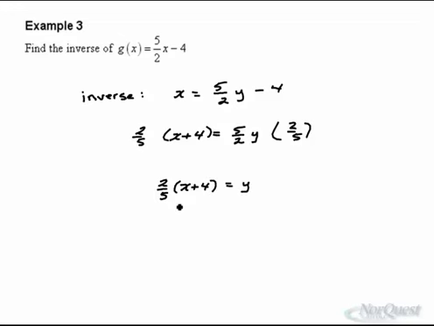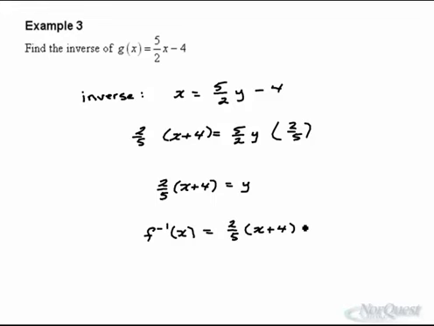And since this is a linear function, it's a degree 1, we know that this thing would be a function without even graphing. You could graph it on your calculator to check, but if it's a function, you're allowed to use the notation that identifies it as a function. So I can write this as 2/5 x plus 4. And that's what my inverse is.